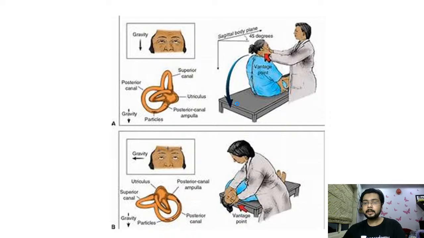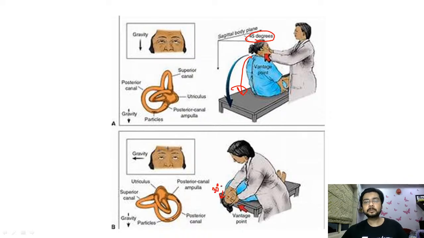So here the doctor is doing the Dix-Hallpike maneuver. He asks the patient to turn the head right, and likewise left, 45 degrees, and then abruptly the doctor makes the patient lie down on a couch with the head tilted about 30 degrees down.